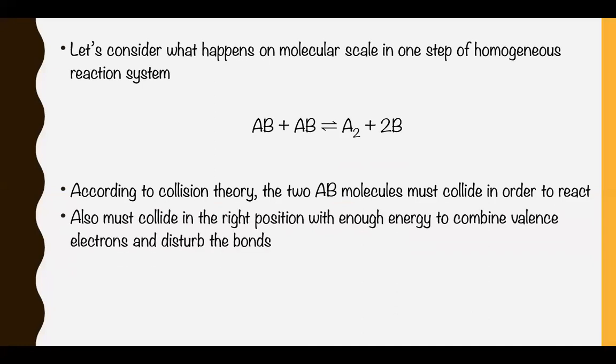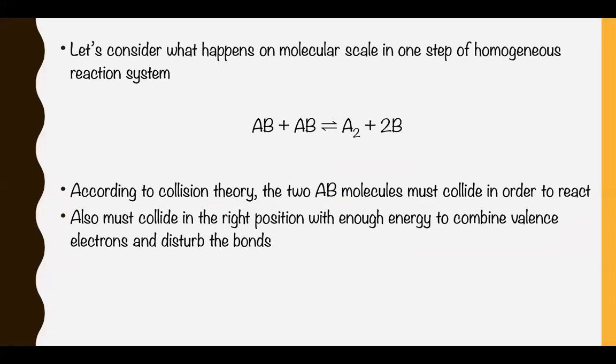That's rule number 1. If they don't collide, nothing's going to happen. But here's the 2 criteria for collision theory. They also must collide, number 1, in the right position, and number 2, with enough energy to combine their valence electrons and disturb the bonds.